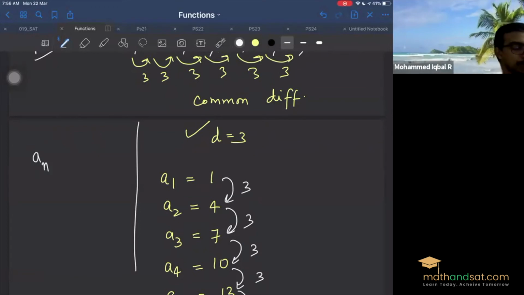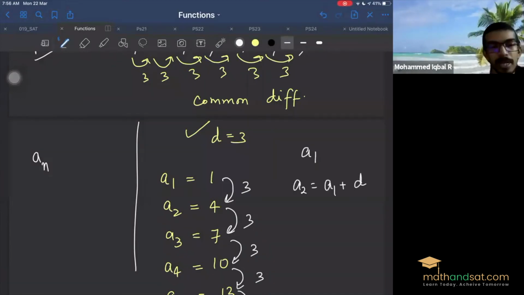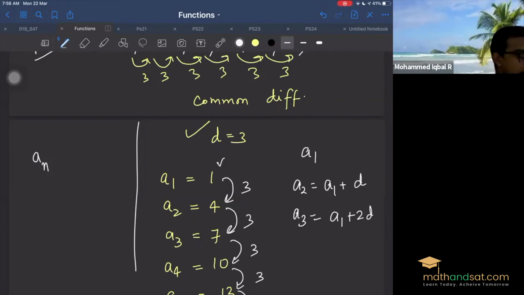Okay, so you see that the first term is a1. a2 is obtained by adding d to a1, right? And your a3 is obtained by adding 2 times d, right? Because starting with 1, a 3 has been added here, another 3 has been added here.